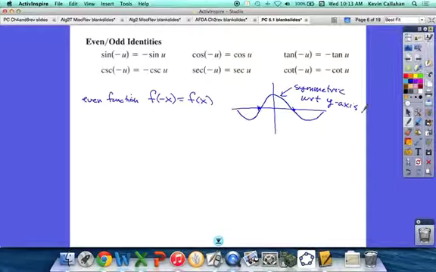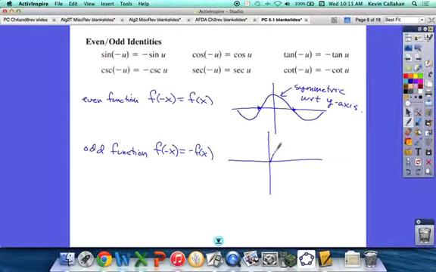Right? An odd function, f of negative x equals negative f of x. And if we look at the sine, it is an odd function. Okay, so sine goes like this. Oops, that was wrong.